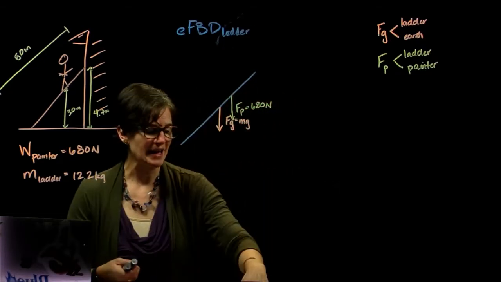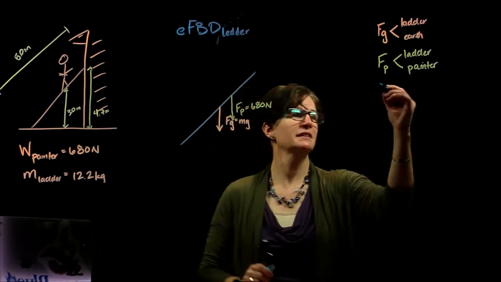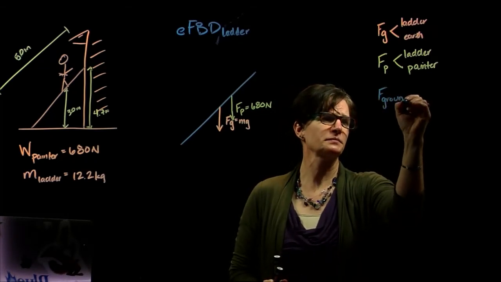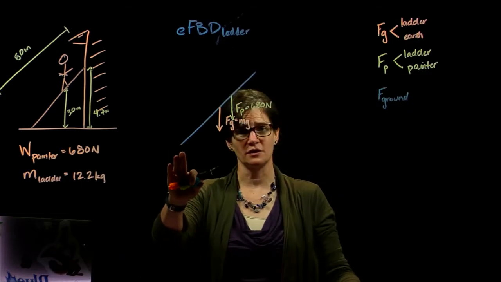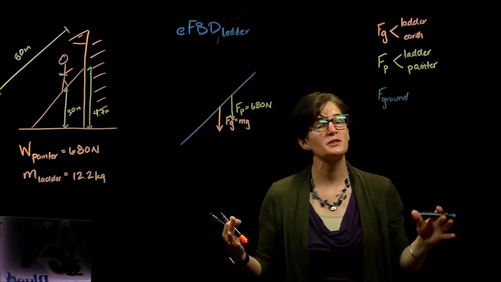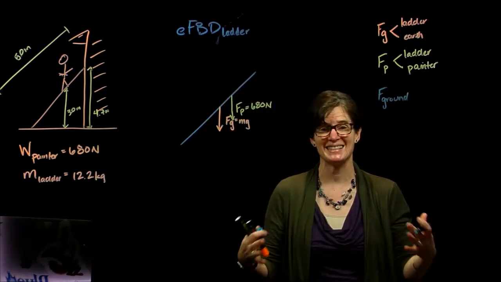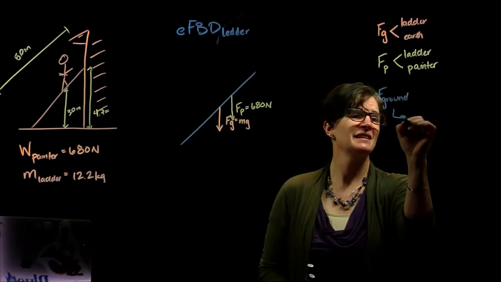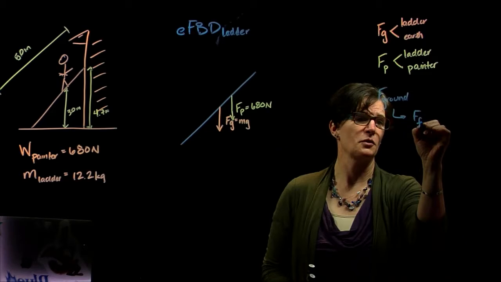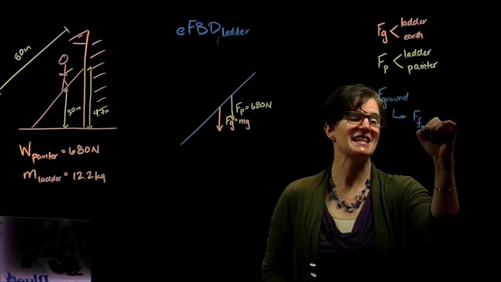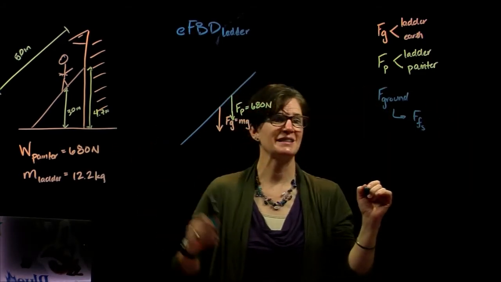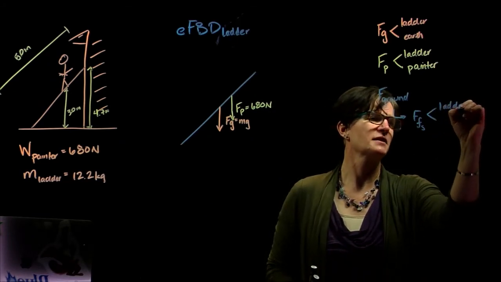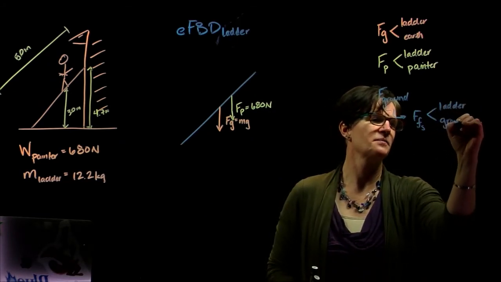All right, the ladder is also interacting with the ground. So we do have the force of the ground on the ladder, but we can break the force of the ground up into its two pieces. One is that the ground has a frictional force associated with it, and that's a static friction. The ladder is not moving or changing its motion, so that's between the ladder and the ground.